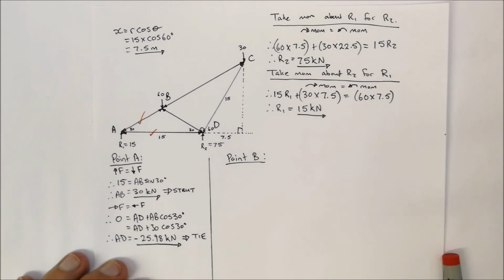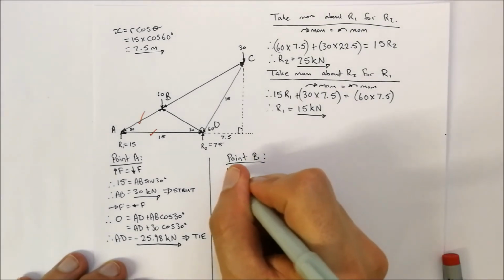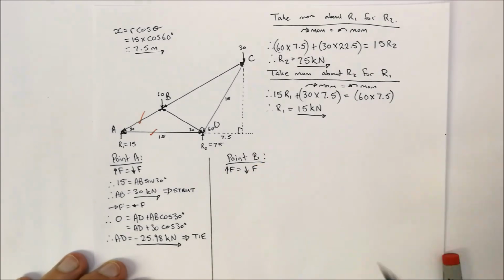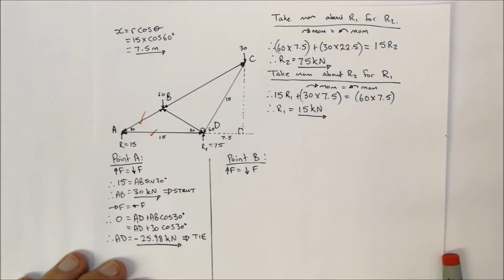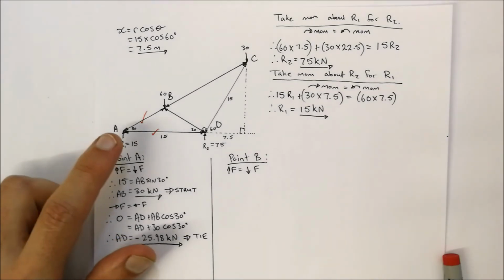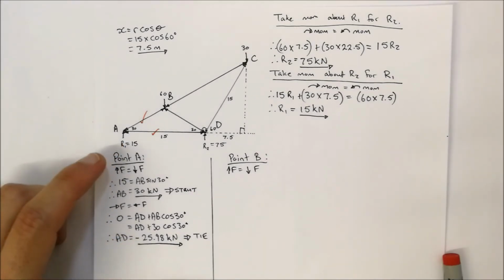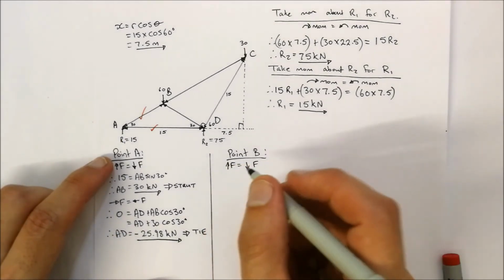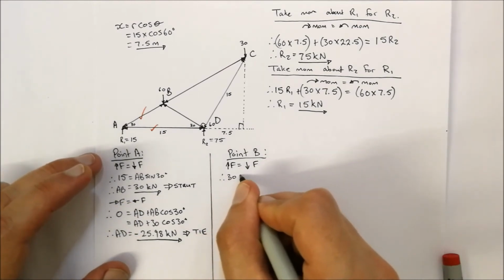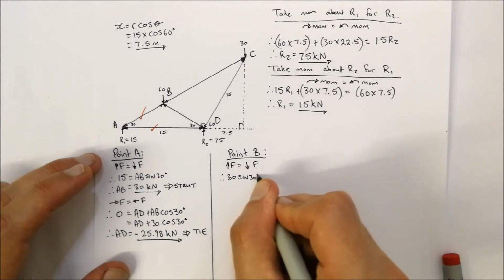Okay, so I'm going to say again, upward forces is equal to downward forces. If we have a look at point B, what upward forces are we going to have? Well, we're going to have AB sine of 30 degrees. That AB we know is 30 kilonewtons, so therefore 30 sine 30 degrees.